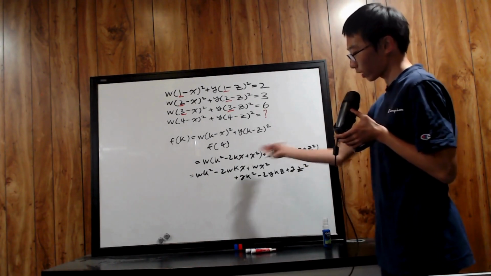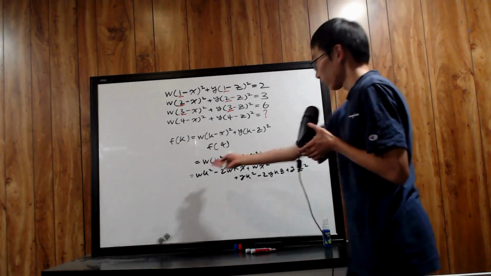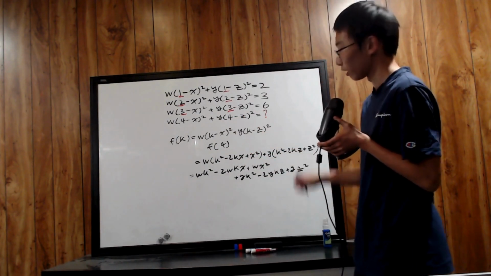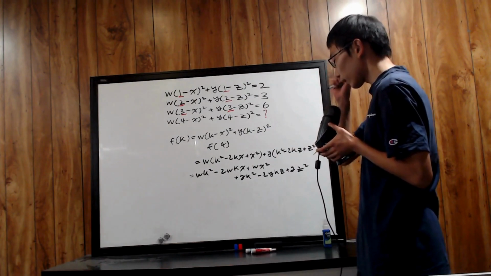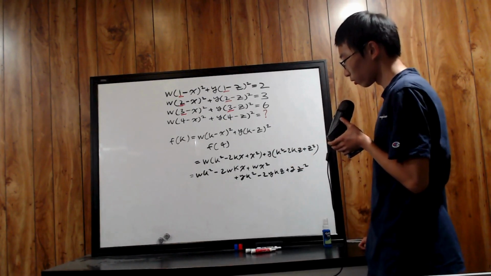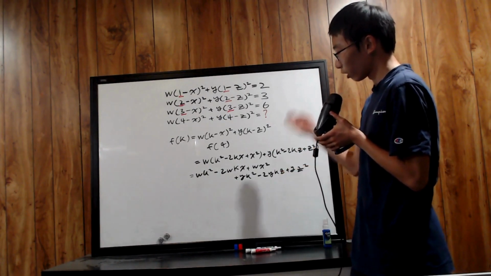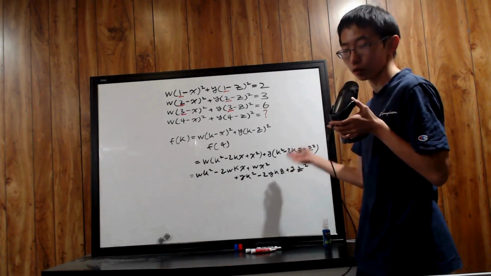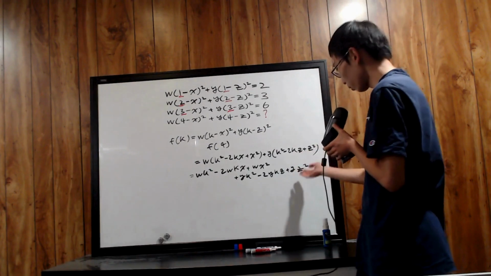Now, we're not going to instantly go ahead and collect like terms and start factoring. Instead, notice that without even doing any more simplification, we can see that this expression, though complicated, is basically just a quadratic expression in terms of k.